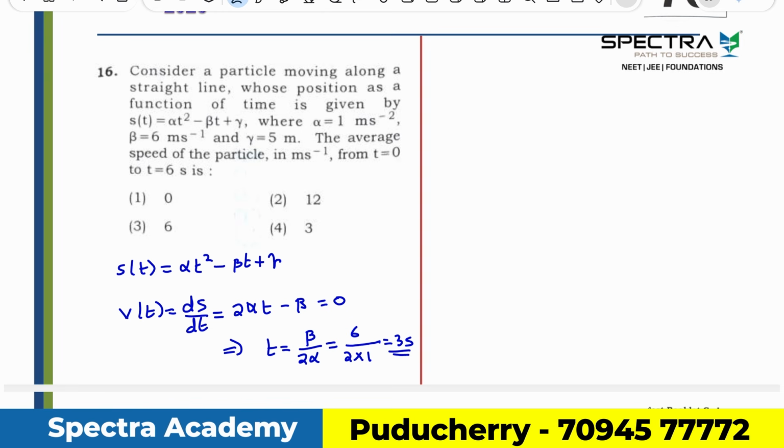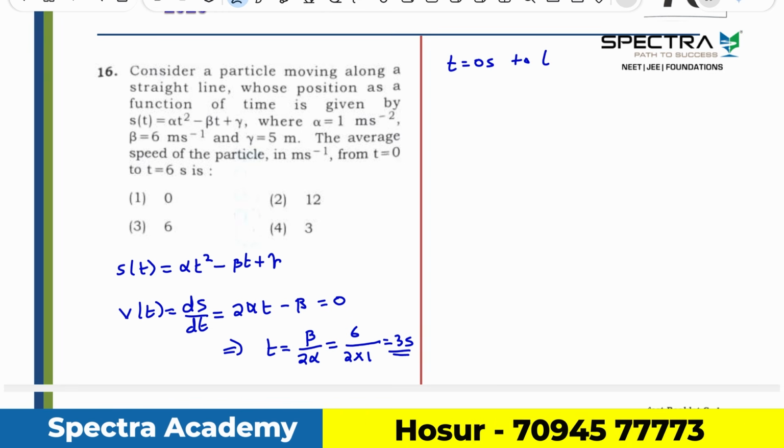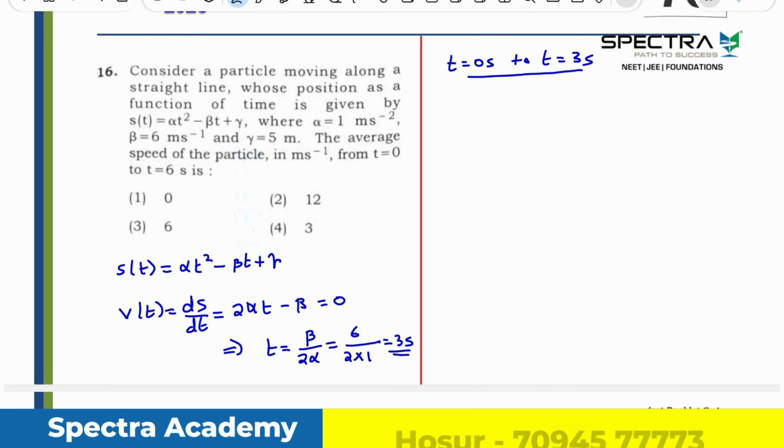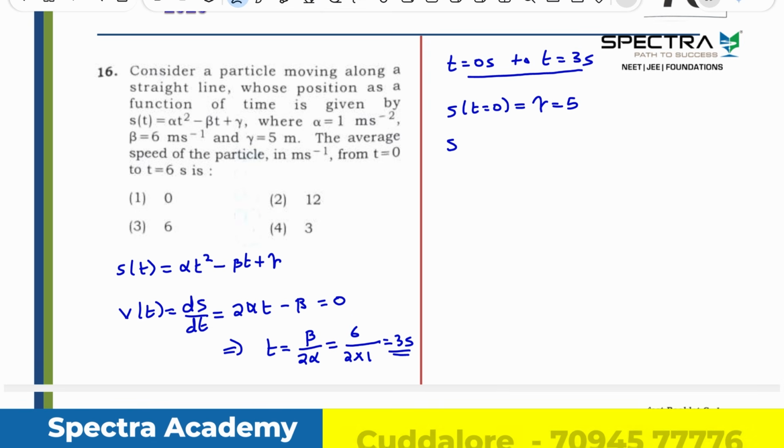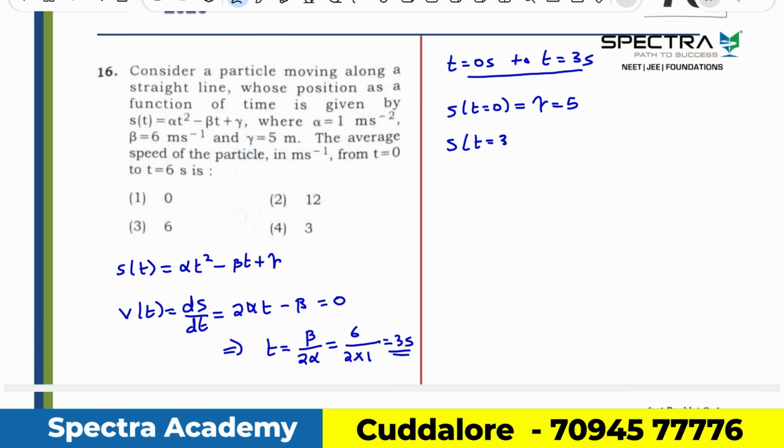Okay. So from time t equal to 0 seconds to t equal to 3 seconds, we have to find the distance. For that, let's find out the displacement at t is equal to 0. This displacement will be equal to gamma, which is 5. Now let's find out the displacement when time is equal to 3 seconds. That will be alpha t square. What will be alpha t square? Alpha is 1.